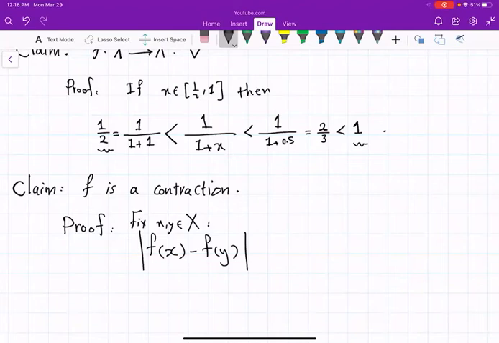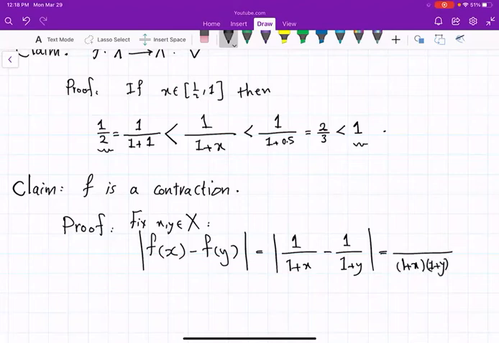f(x) minus f(y) is 1 over 1 plus x minus 1 over 1 plus y, and this is equal to |x minus y| over (1 plus x)(1 plus y). No need for absolute value up here. But how large can this denominator be? Or how small can it be?